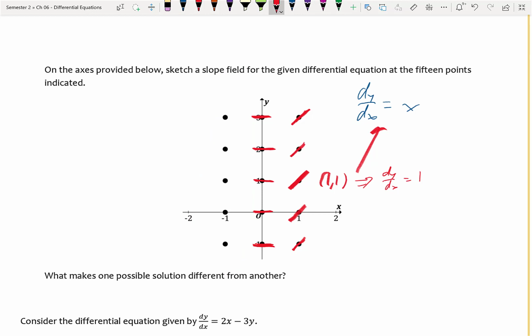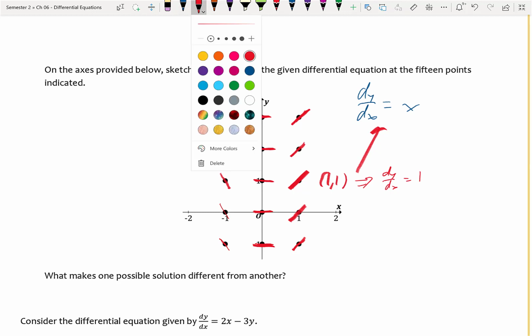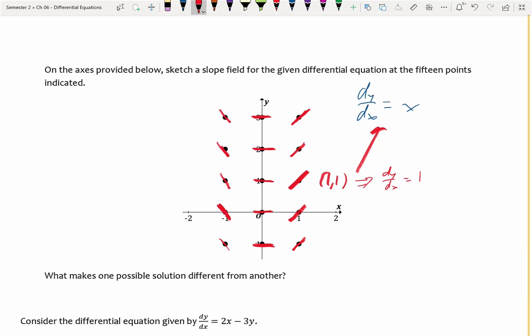Yeah. So mirroring the other side, but just a 45-degree angle.